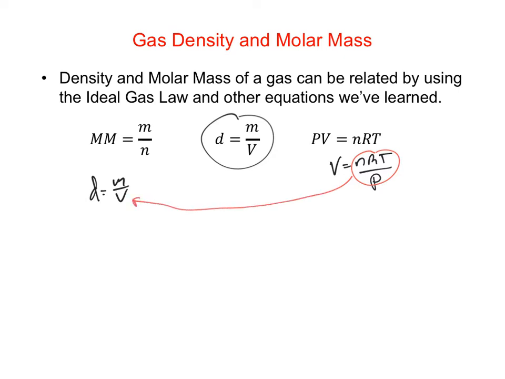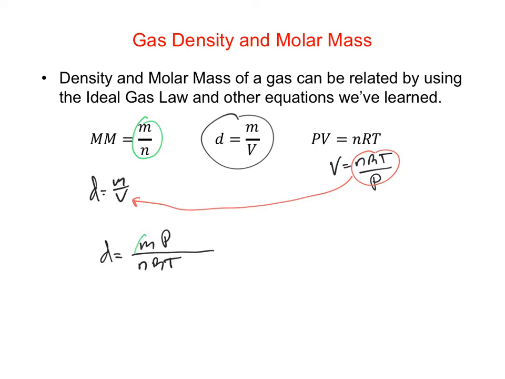So that's going to give me density is the mass over, and then the volume is nRT divided by P. So P should be in the numerator. Right? And then the other thing I want you to notice is the formula for molar mass is the mass divided by the moles.